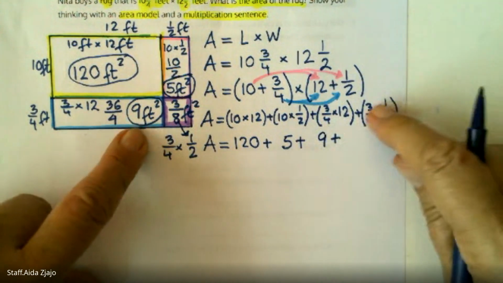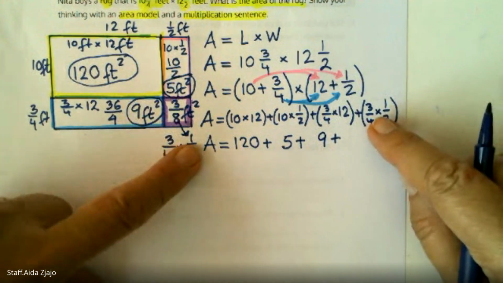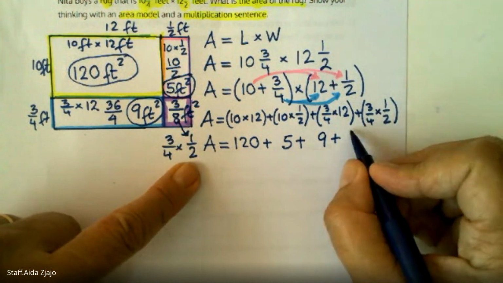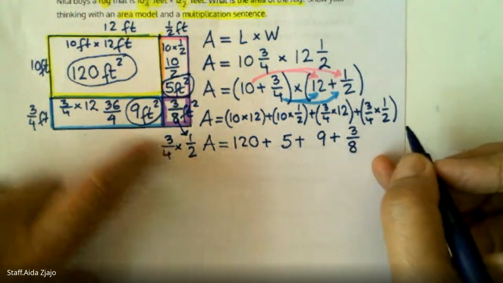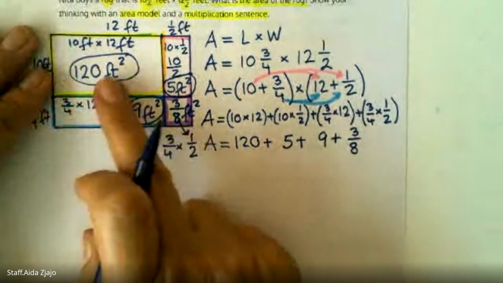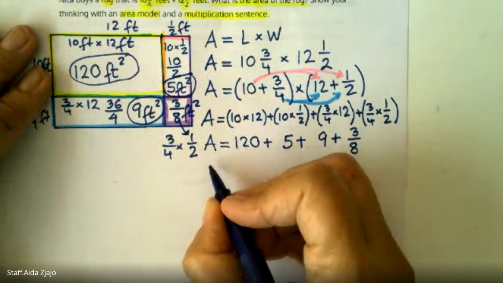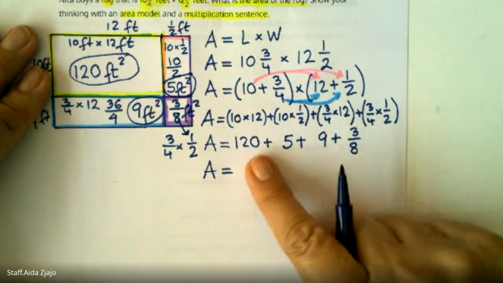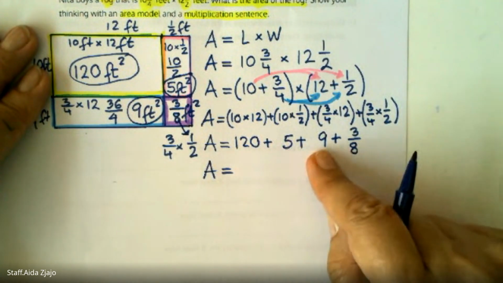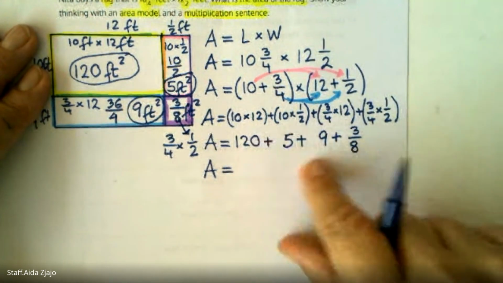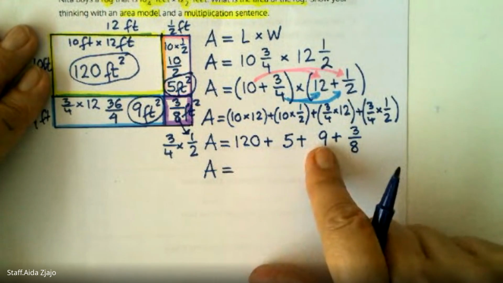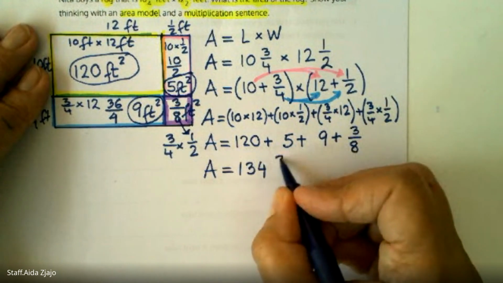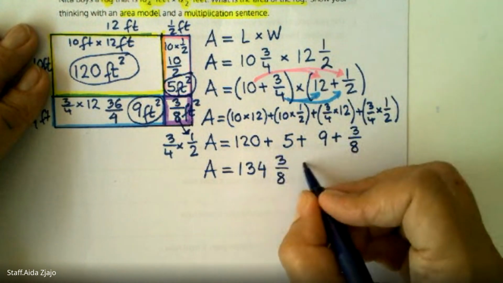And the last, 3/4 times half, or what is half of 3/4, is 3/8. And all that is square feet. So now area equals, we add 120 plus 5 plus 9. So that would be 134 and 3/8 square feet.